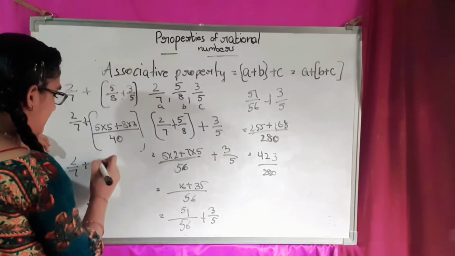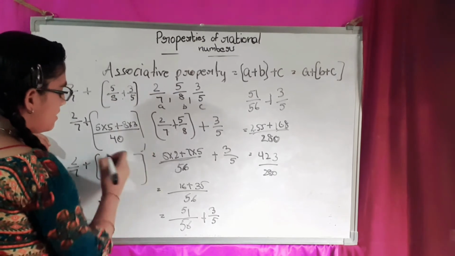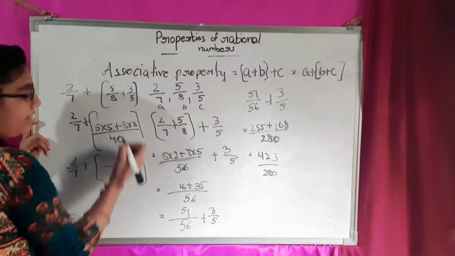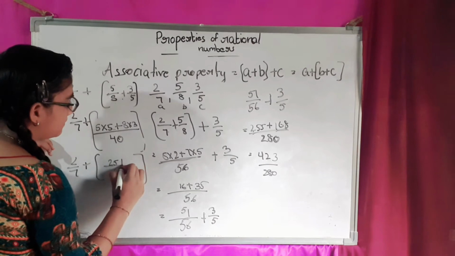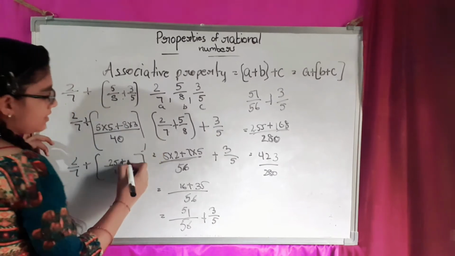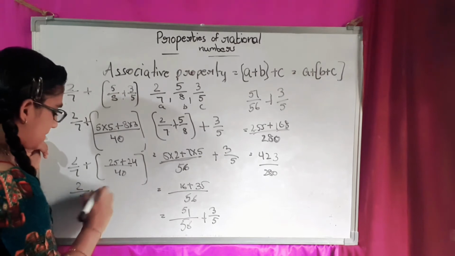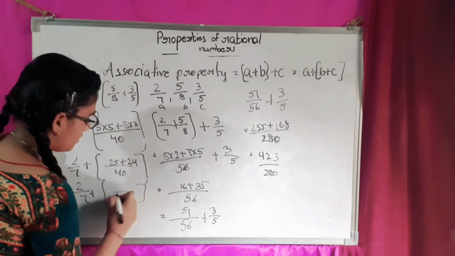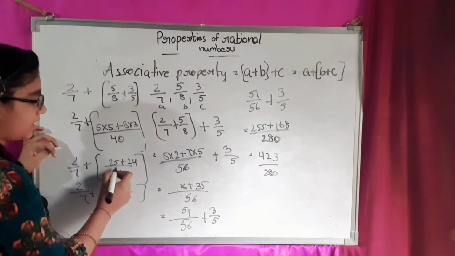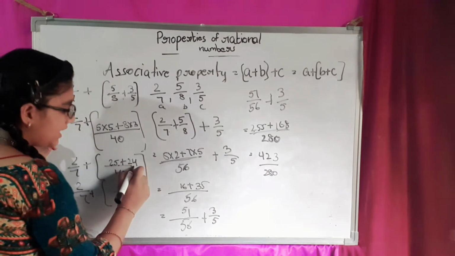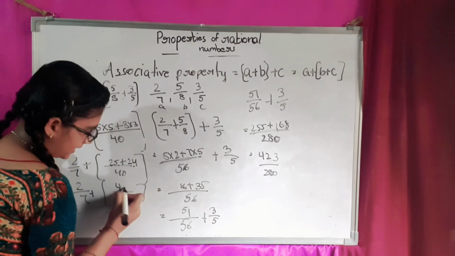2 by 7 plus, 5 into 5, 25, plus 8 into 3, 24, over 40. Here 25 plus 24, how much? 49.